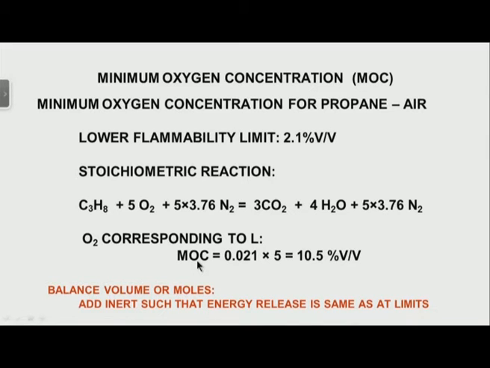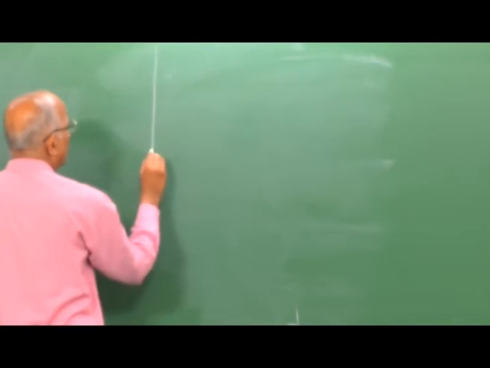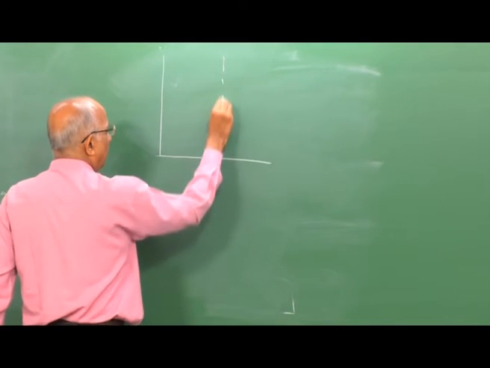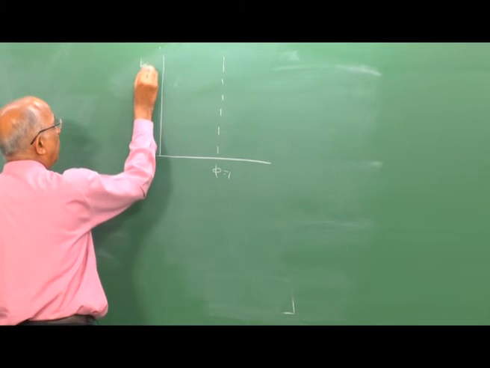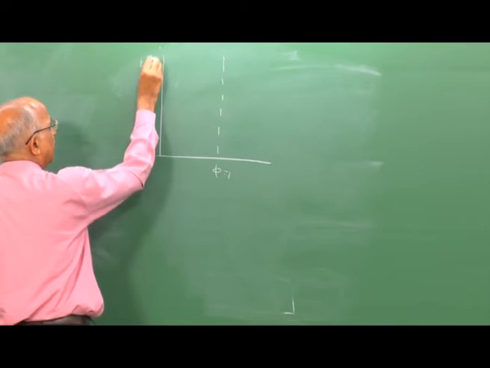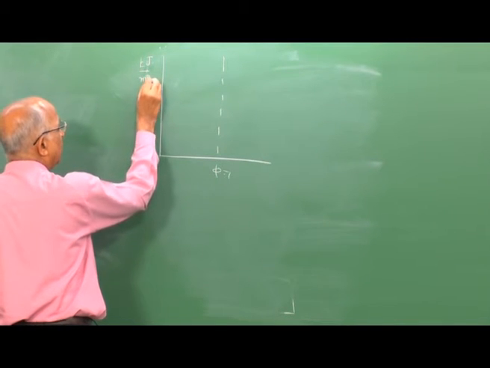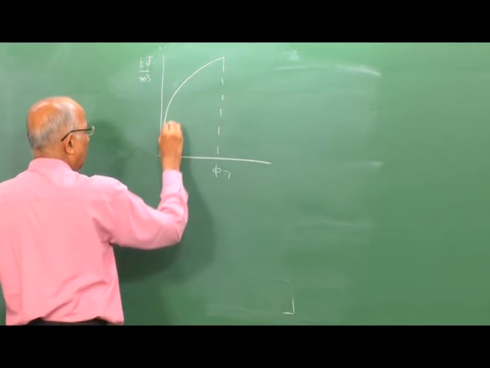Why is it we use this? Let us again go back to this particular figure which I drew, because the reason for referring to minimum oxygen concentration is the following. I have stoichiometry over here, phi is equal to 1. I have the amount of heat generated, so many kilojoules per, let us say, meter cubed of the mixture, which drops off over here.